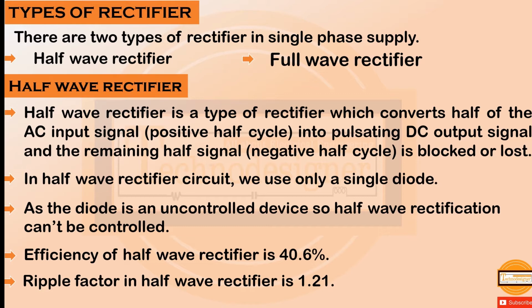In a half-wave rectifier circuit we use only a single diode. As the diode is an uncontrolled device, half-wave rectification can't be controlled. The efficiency of a half-wave rectifier is 40.6%. The ripple factor in a half-wave rectifier is 1.21.